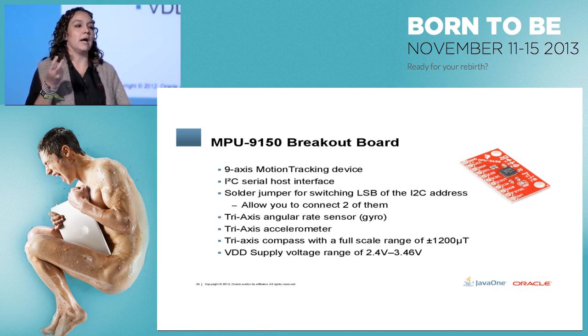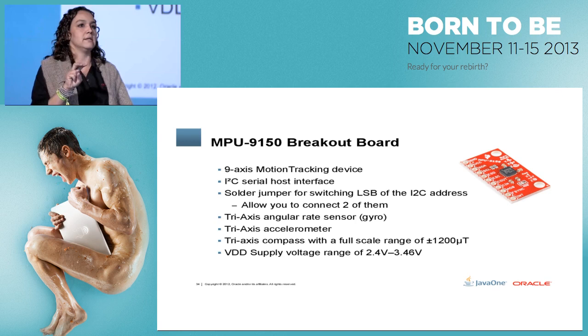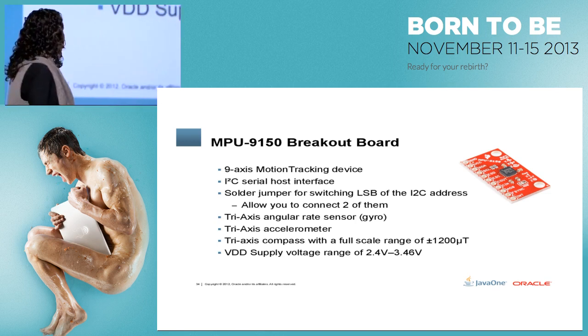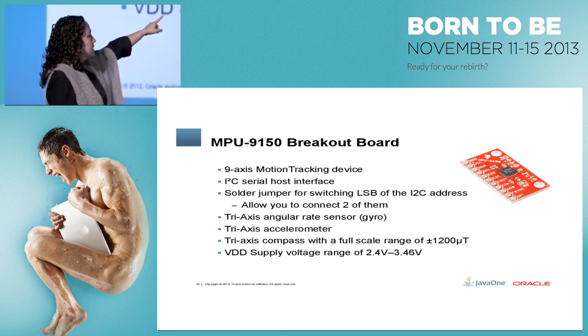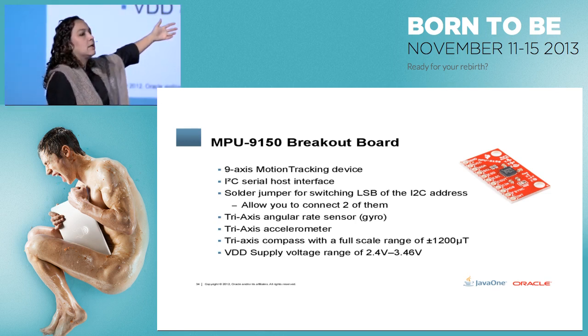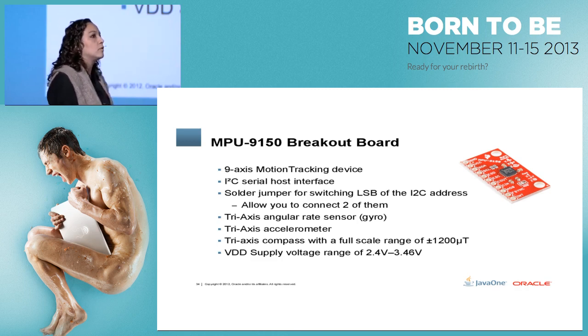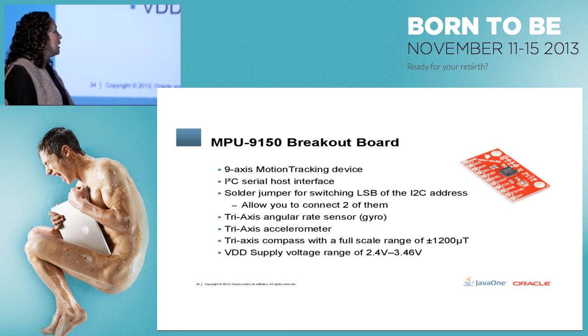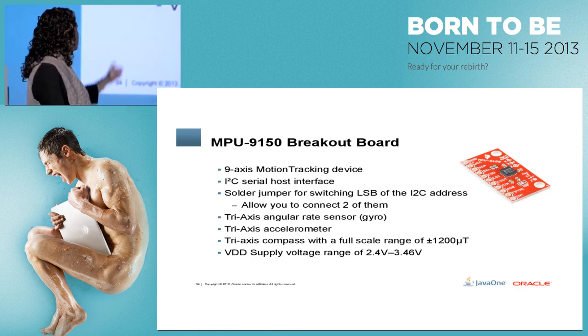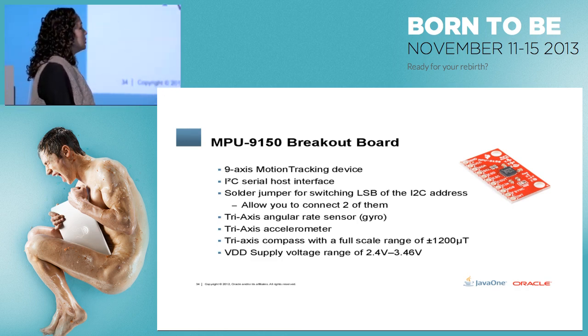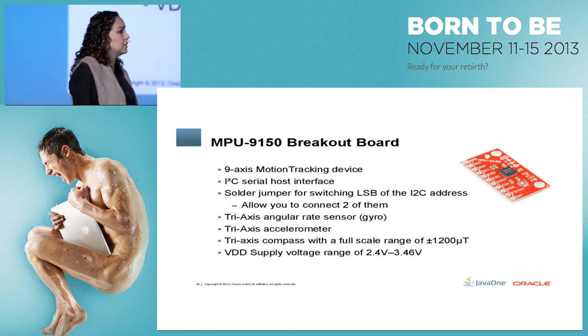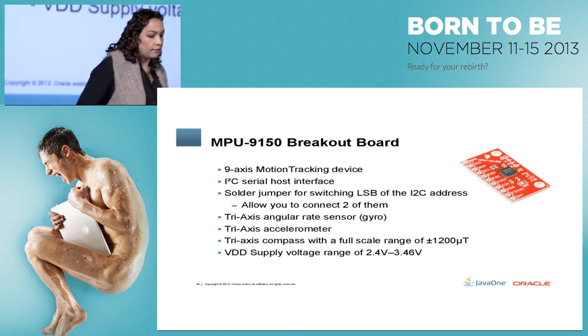That means you can have two devices connected to the same bus, because you can set two different addresses. You can either ground AD0 or not, to have address 69 or 68 for the device, and you can connect two of those to the same bus. Again, I only needed one, but just in case you need two, you can use that pin for switching the least significant bit of the address.